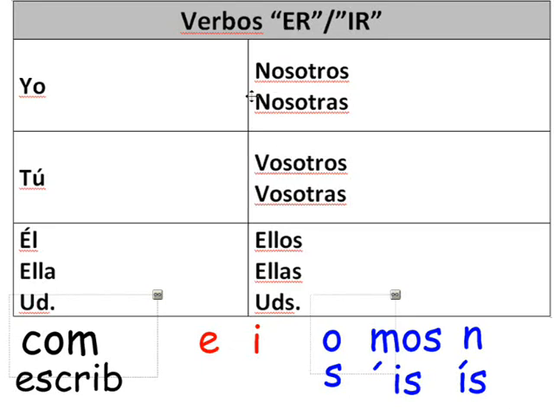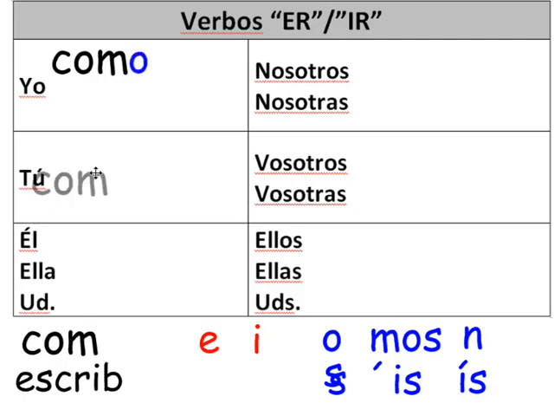So for the ER verbs, we're going to use the example of comer, to eat, and for the IR verbs, the example of escribir, to write. So for comer, we'll start with that. You drop off the last 2 letters, which leaves you with the stem com. And then for the yo form, similar to how it is in the AR verbs, it's yo como.